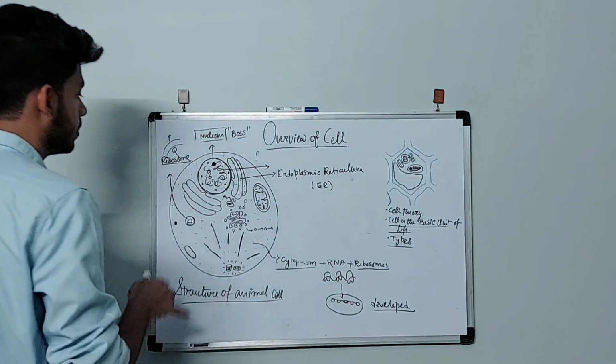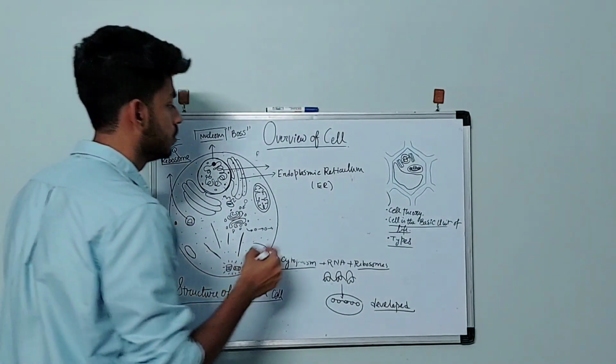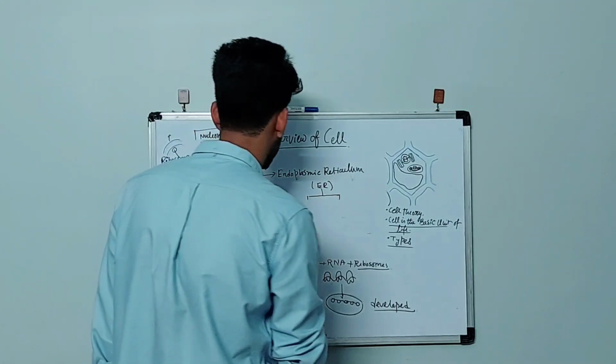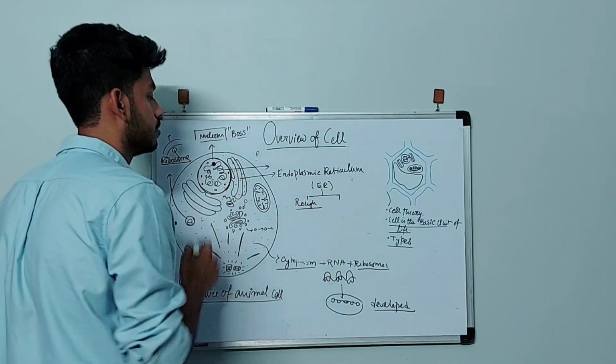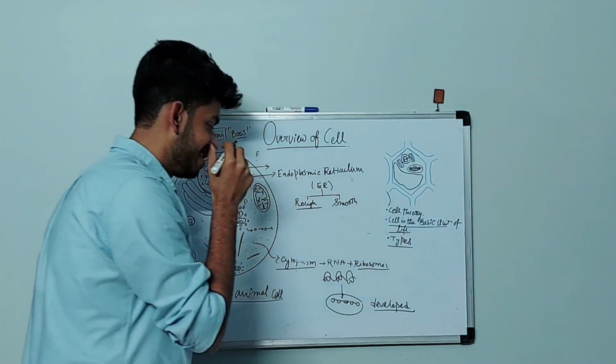There are two types of ER. You can see one has certain dots on it and one is smooth. So they can be classified as rough, which has the dots on it, and smooth.